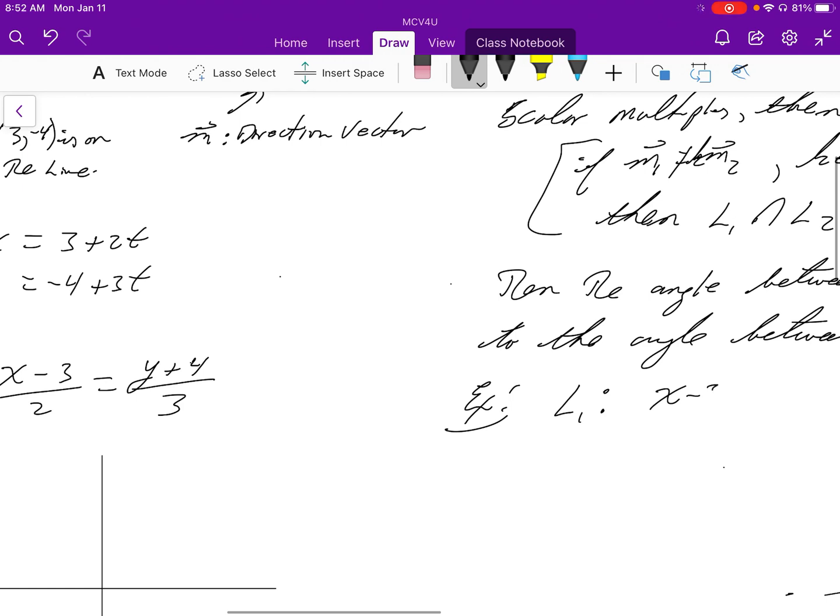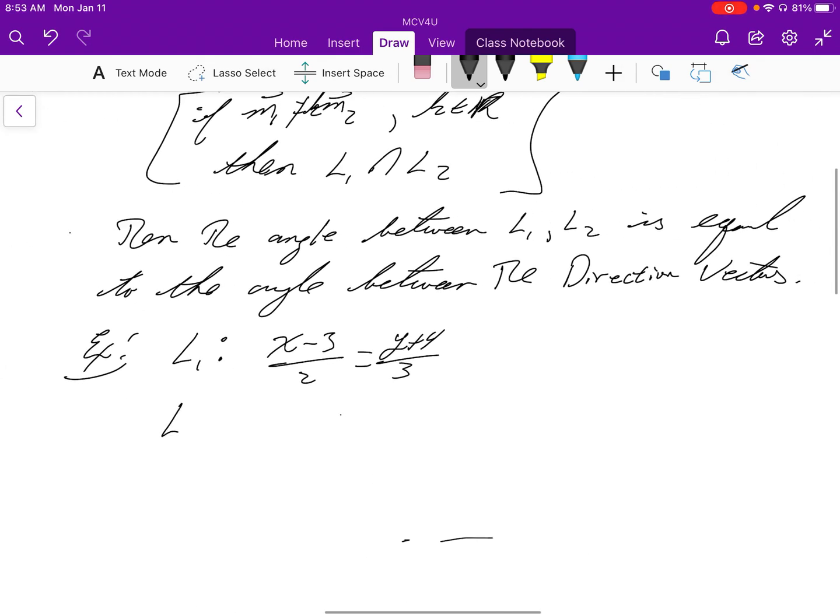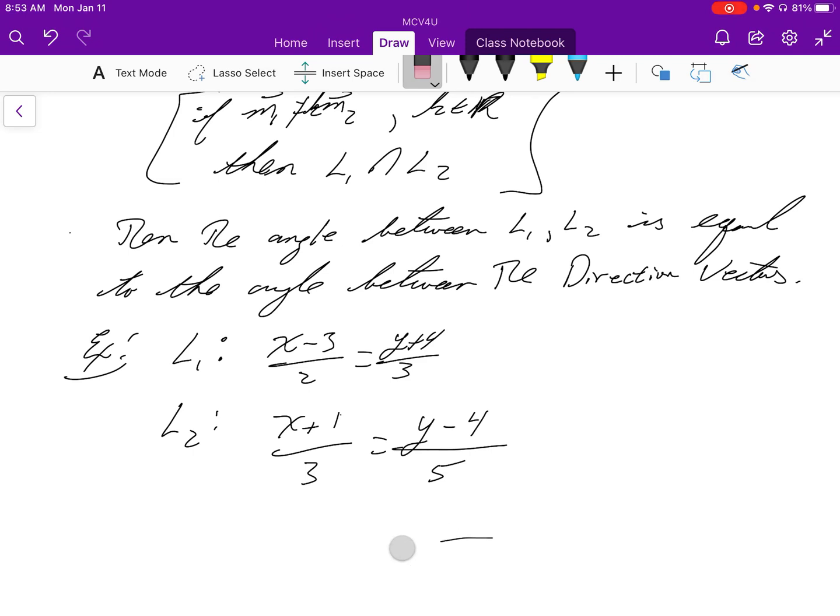L1 is (x - 3)/2 = (y + 4)/3, and let's say L2 is (x + 1)/3 = (y - 4)/5.